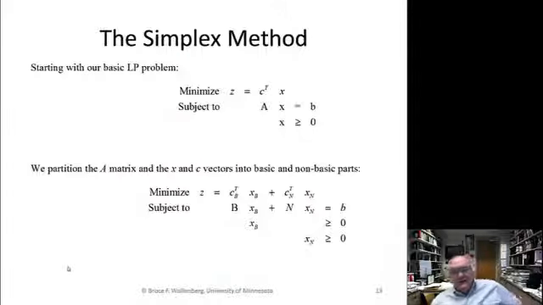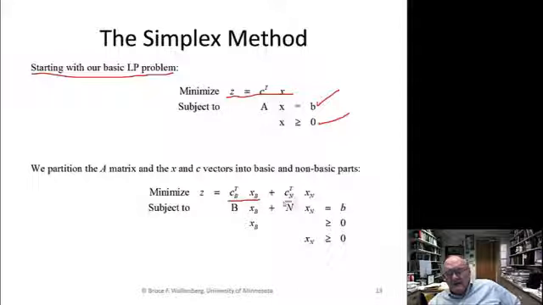So the simplex method, starting with our basic LP, you minimize the cost, keeping the constraints and keeping these variables greater than 0. You partition the matrix into basic and non-basic. So you've partitioned things down here, for example.